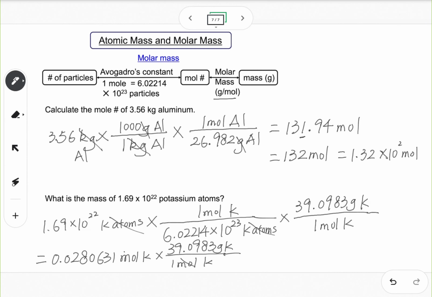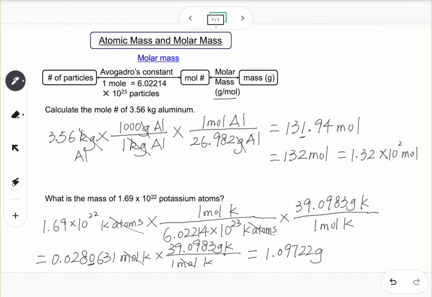You cancel the mole, and you get the answer as 1.09722 gram. Oh, I forgot to mention significant figures for this intermediate answer, because you have 3 significant figures here, so we are supposed to have 3 significant figures. So I would like to highlight zero right here.